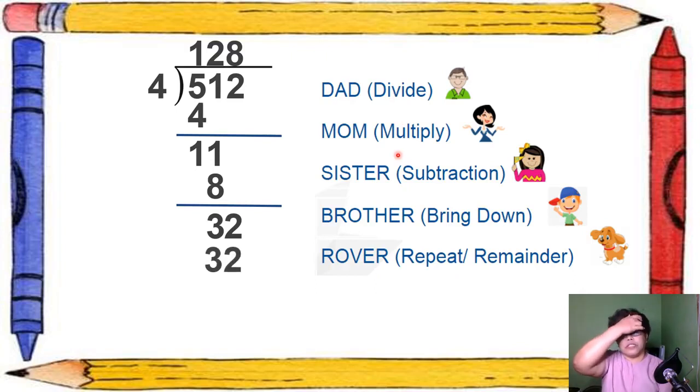Subtract na tayo: 32 minus 32, that would be 0. Supposed to be bring down muna, kaya lang wala nang kasunod. So, ang sagot natin ngayon is 128. Tapos na yan. Let's go ahead and have division of decimals.